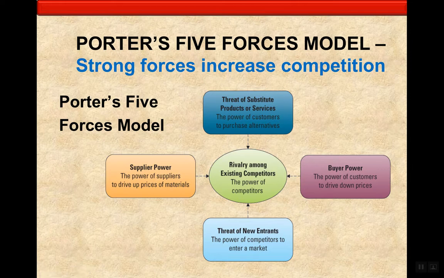Take substitute products and services. It can be a new product or a new approach to something. These can blindside a company, because you didn't expect something to show up, but it shows up.